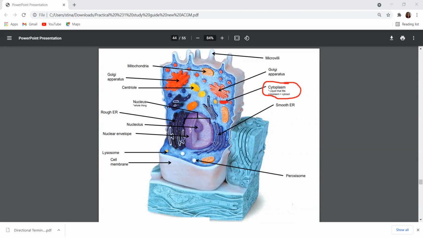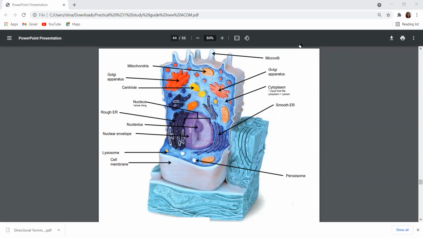Okay, so if you think of it like a jelly that you would have in your refrigerator to put on your biscuits, when that jelly sits in your refrigerator, it not only has the jelly portion of it, but a lot of times a liquid will start appearing at the very top. So that thick jelly portion is synonymous with the cytoplasm, and that liquidy portion on top of that jelly is synonymous with the cytosol. Okay, let me erase my marks here.